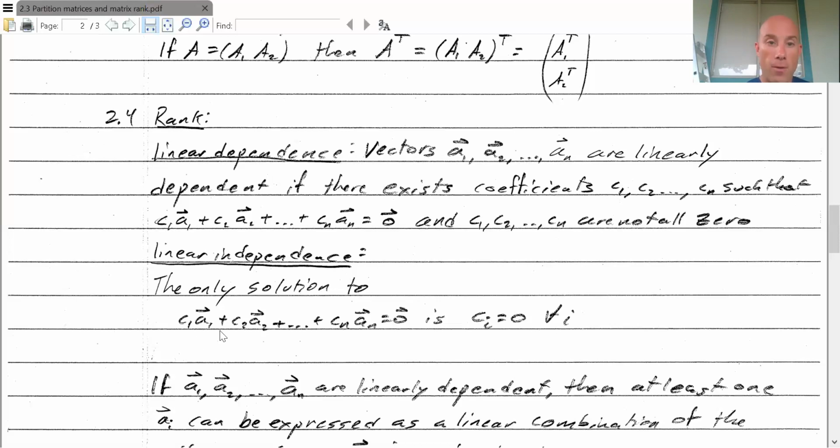Linear independence is where I have some vectors, and I can find coefficients that solve this equation, but that solution has to be all 0. Independence means that all 0 for all the C's is the only solution to this equation. Linear dependence means that this equation equal to 0 has a solution other than all zeros for the C's.